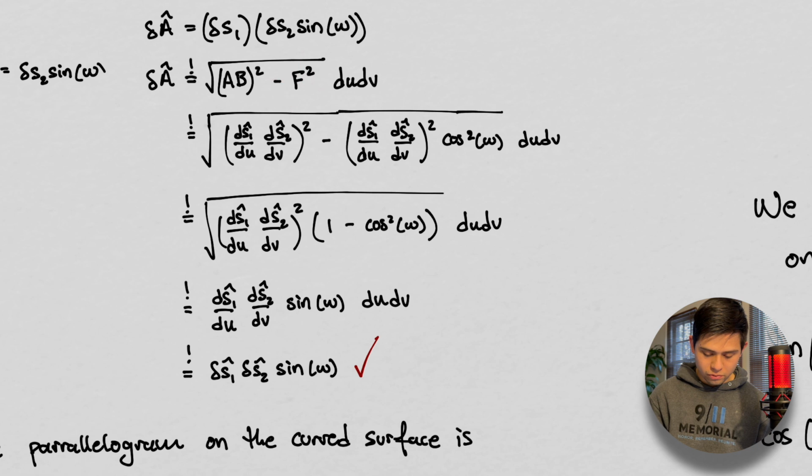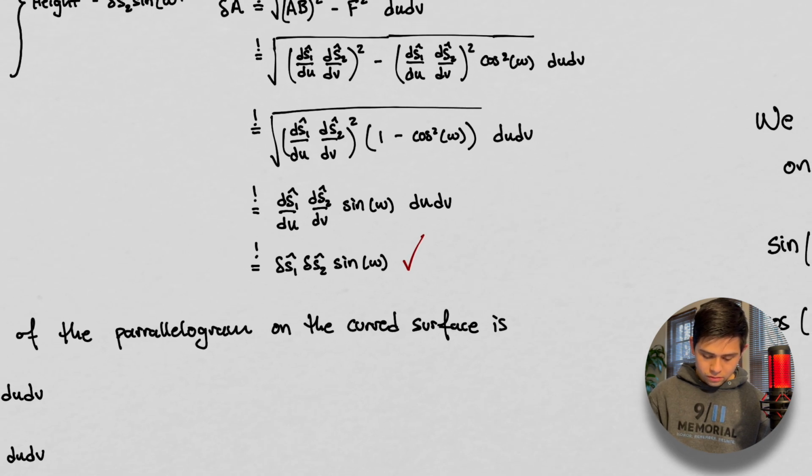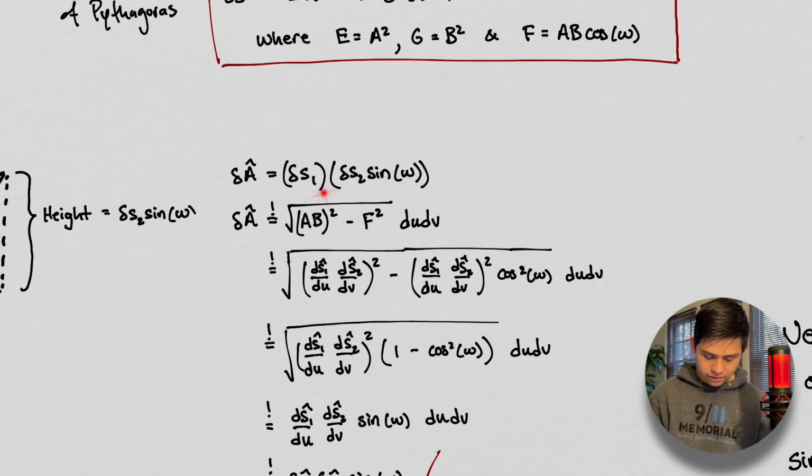So F, if you remember, was AB cosine of omega. We now factor this out, and we get this. Well, this is the sine squared, and then the square root of all of this is just this, because this is sine squared. So we get this, and then we get this, right? And that matches what we get right here.